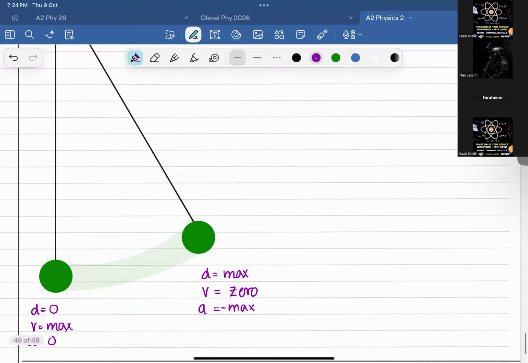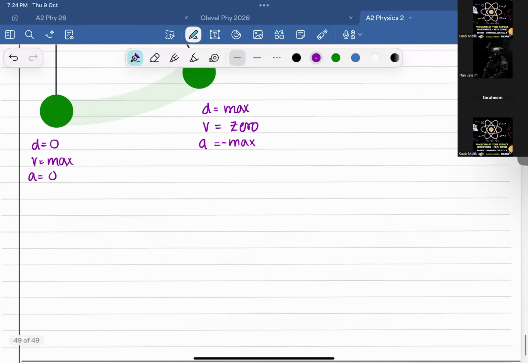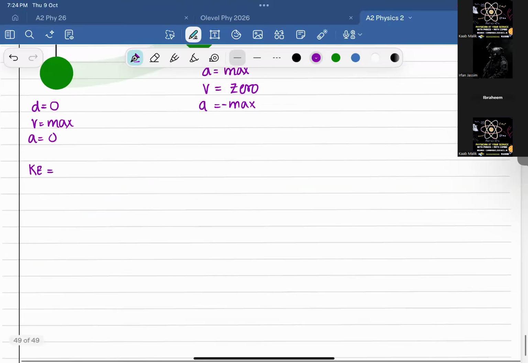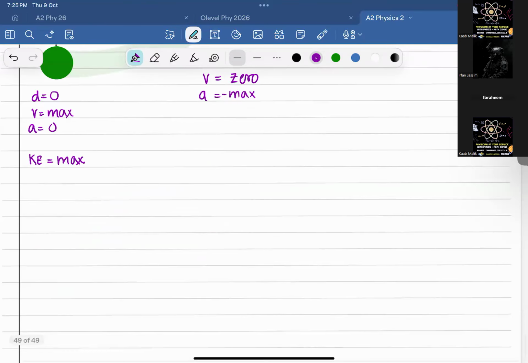Now, using these ideas, if I ask you what will be the state of the kinetic energy, will it be maximum or minimum at this starting point? What do you guys say? Any idea? Maximum. Maximum, perfect. And PE, just potential energy, is basically the energy stored in a body due to the positional change.